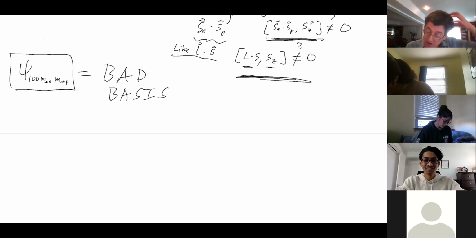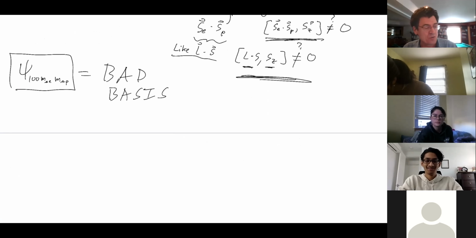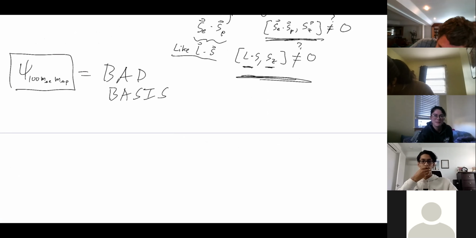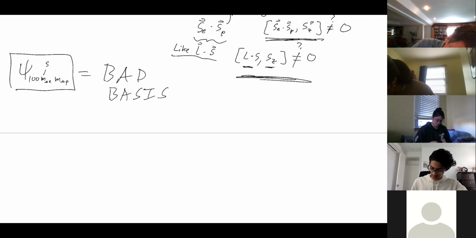Okay, so now we have to find a good basis. So what are we going to do? We've got to go to a new basis. What do you think that new basis is? Let me help you along here. This basis is indexed by the eigenvalues of S sub z for the electron and S sub z for the proton. So now I want to find a new basis.